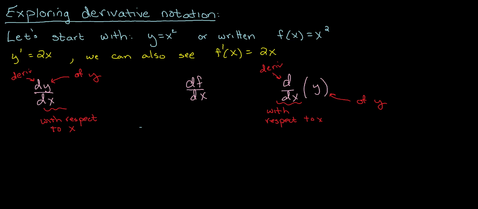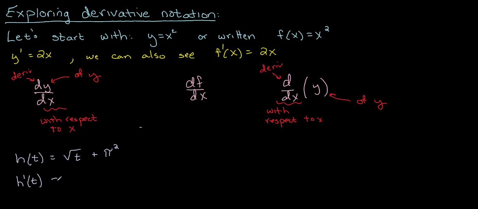Suppose I gave you a function like h of t equals, I'll make it a little bit more interesting, the square root of t plus pi squared. And I could ask you to find h prime of t. That's the same thing as finding dh dt.